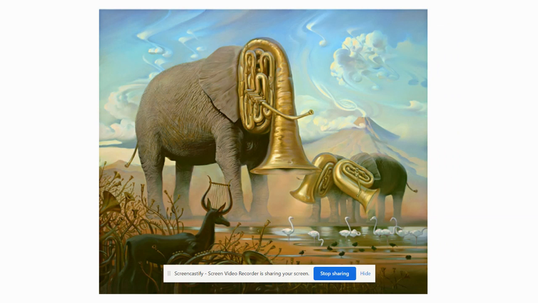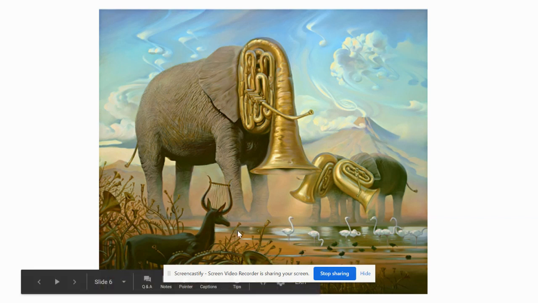And here's another example. We've got an elephant and instead of the elephant's trunk, which they blow out if it makes a horn sound, you've got this big horn instead of a trunk for the elephant. And here, the deer, instead of antlers, it looks like they have a harp.